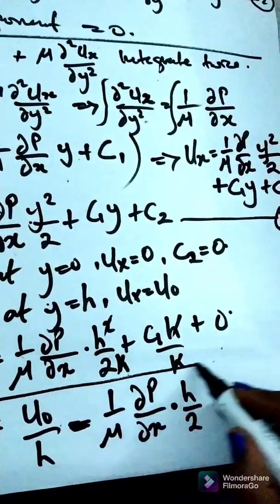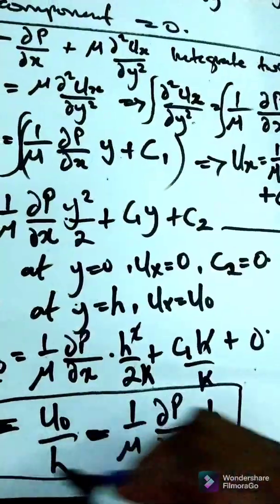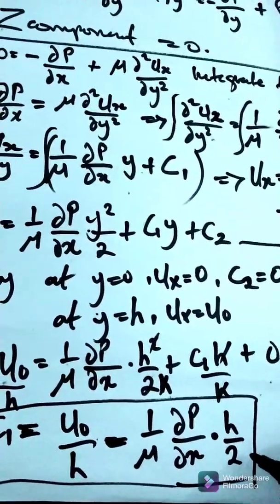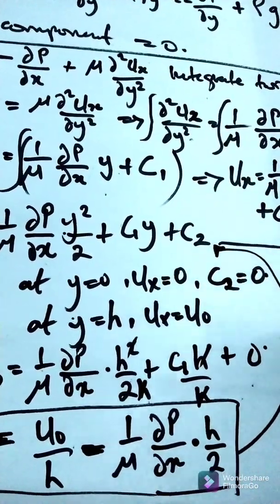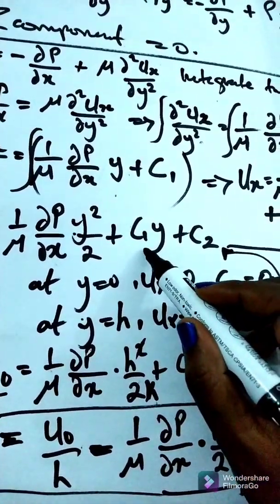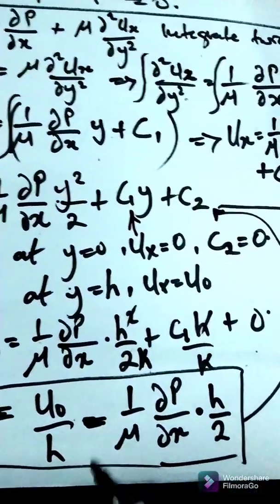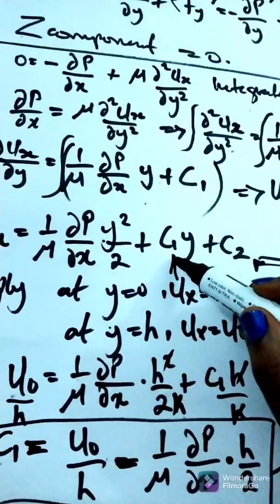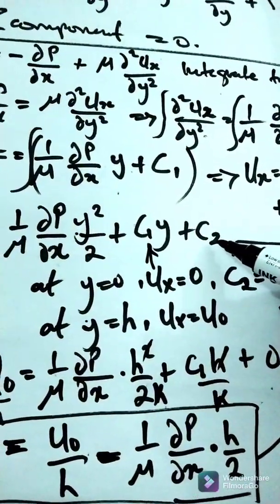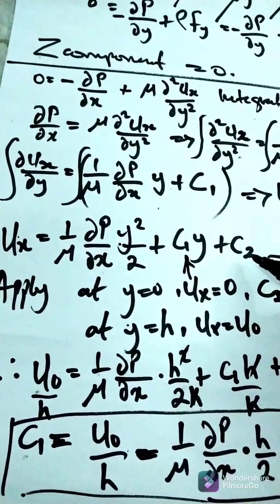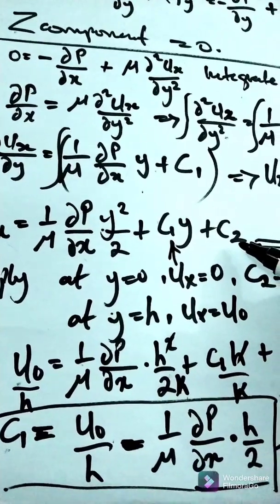So this is our C1. We're going to put this C1 expression into equation 3. This function will fit into this function directly, and C2 will fit in as 0. And then we will get our final expression.